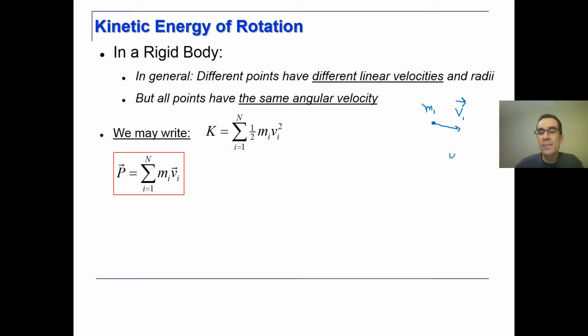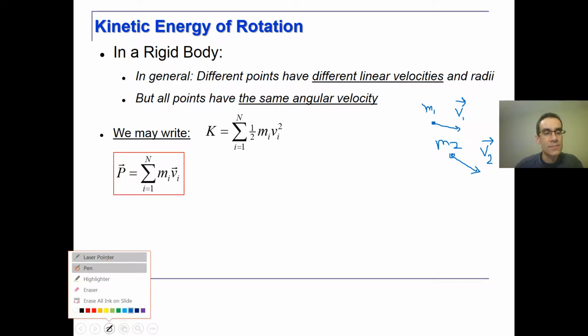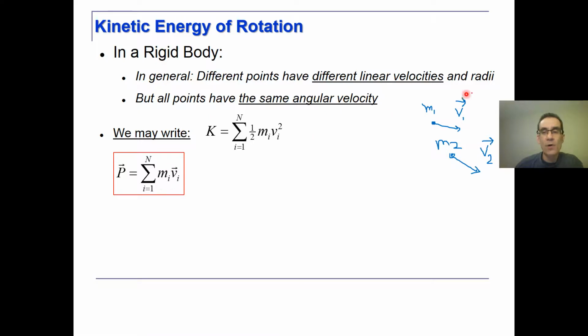If I take the mass m2 and multiply by the velocity vector of the second particle, I have the linear momentum of particle 2. If I add them all together, I get the linear momentum of the system.